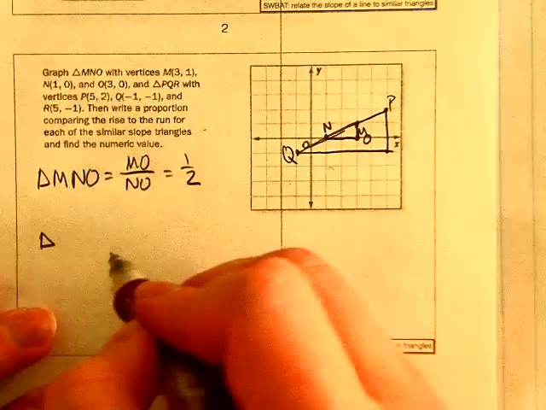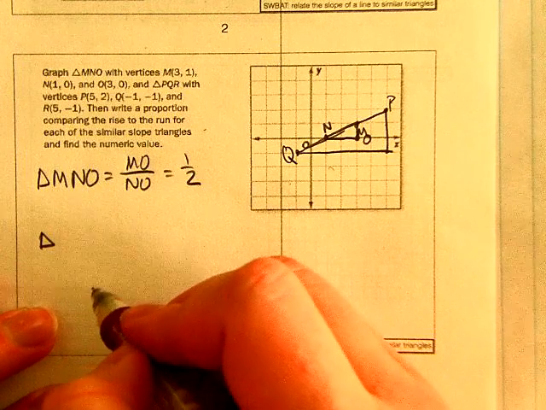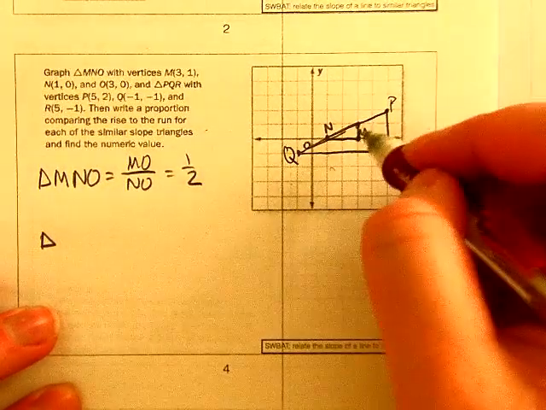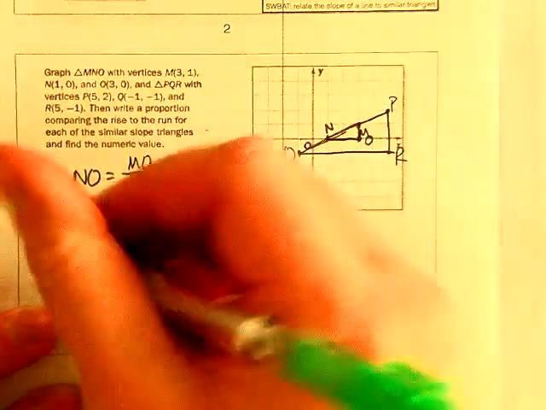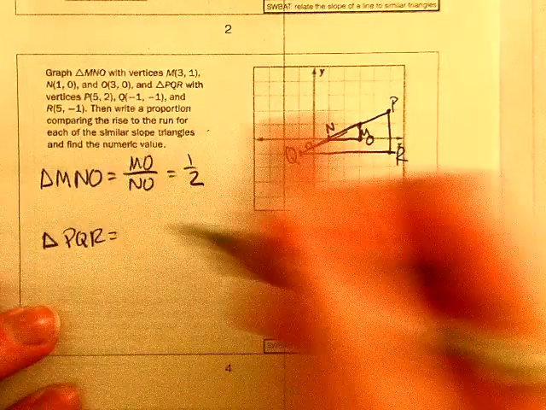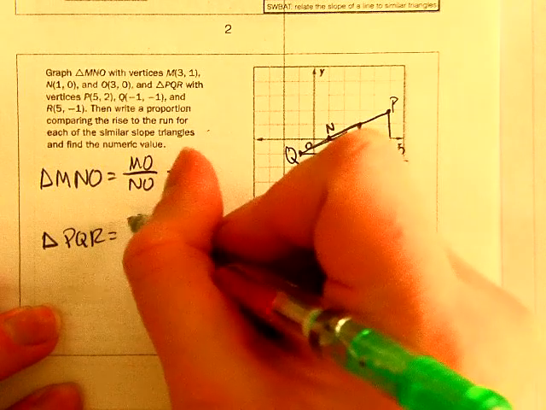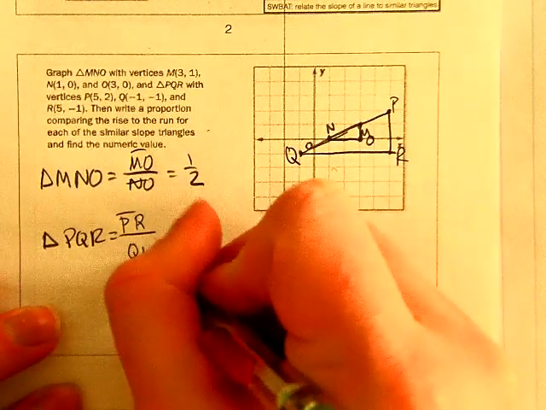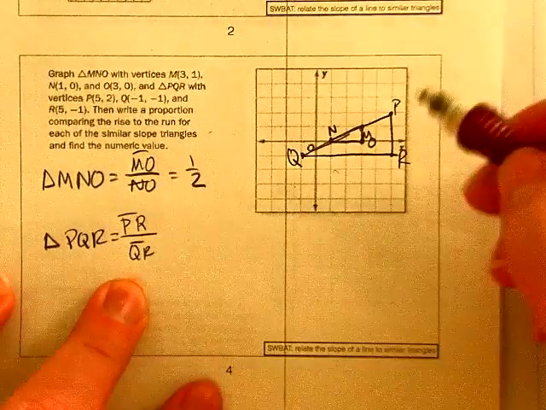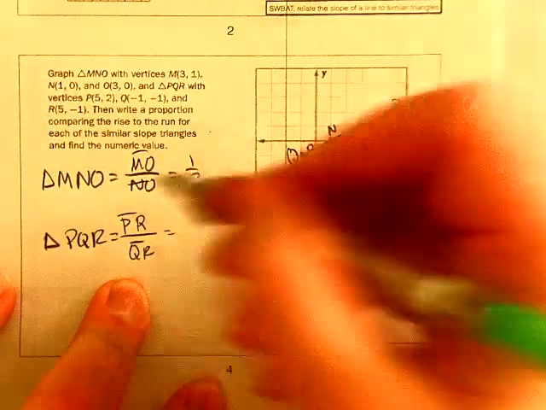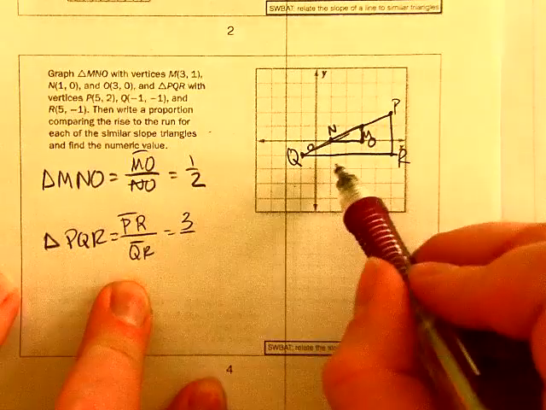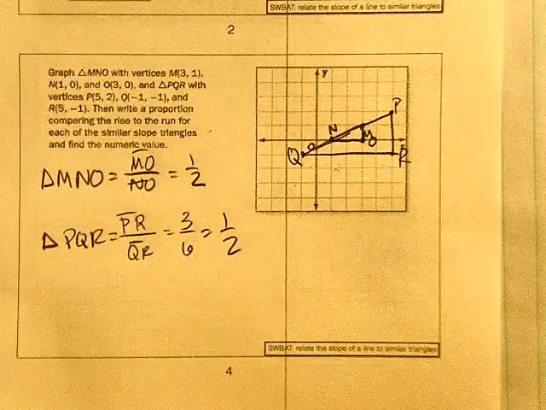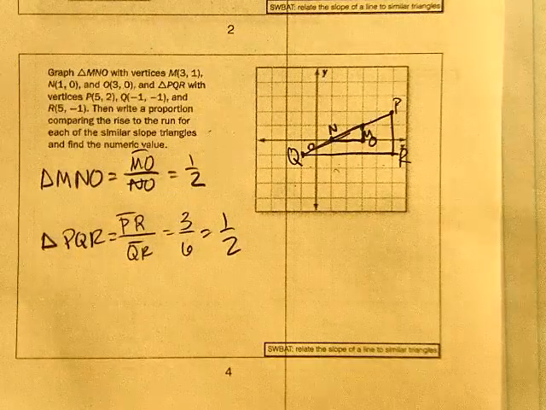For triangle PQR, that's going to be PR over QR, trying to make sure I get my notation here, and that's 1, 2, 3 over 1, 2, 3, 4, 5, 6, which simplifies to a half. So there's our proof that the slope is the same, so they are similar.